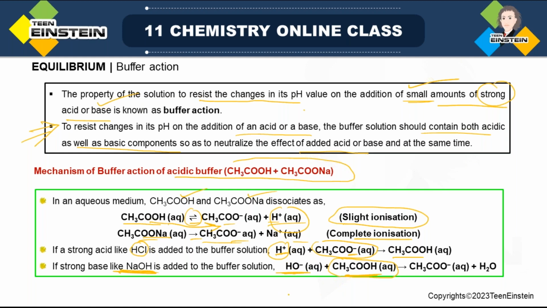It will consume this OH minus and produce more acetate ion, and as the amount of acetic acid decreases, then also according to Le Chatelier, more acetate ion will be produced. So this is the basic component which is consuming excess H plus, and this is the acidic component which is consuming this excess OH minus. In this way, it is showing the buffer action.